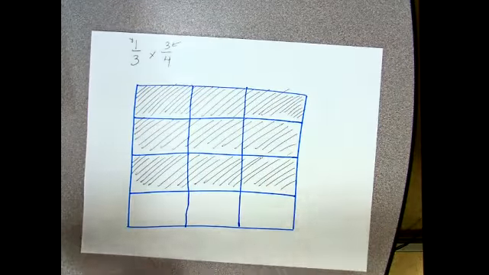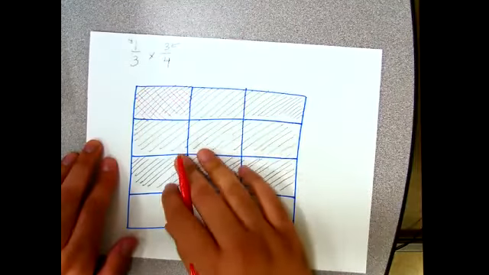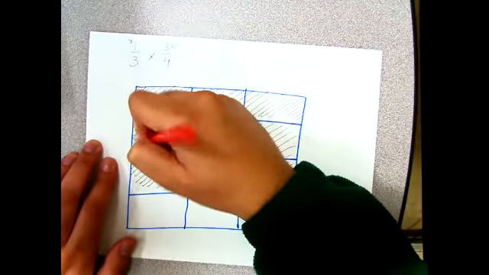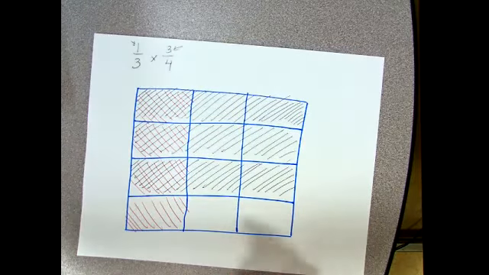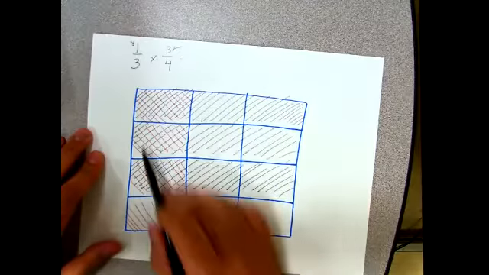Going like this. So notice I'm going in the opposite direction to show you which boxes were shaded in twice. I'm going to shade the entire column because it's 1 out of 3 columns. Just like that.